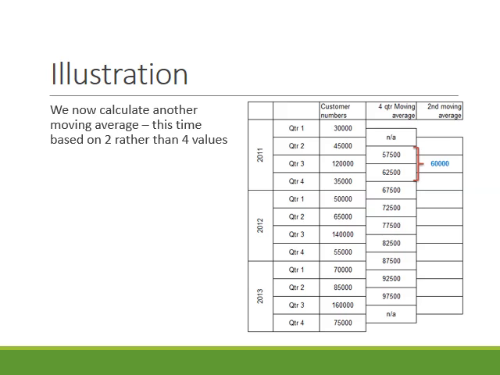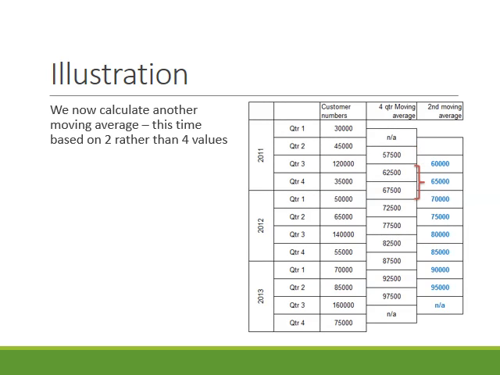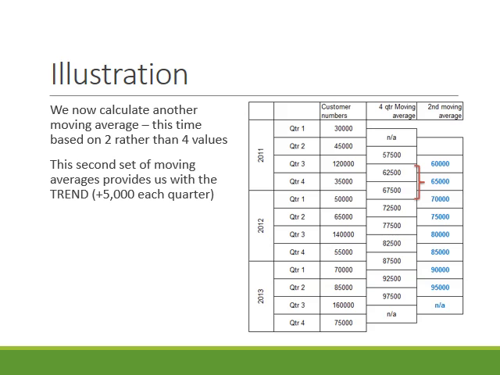So for my first 2 pieces of data, I end up with a moving average of £60,000, and I can calculate my moving averages for the rest of the table as well. What you will notice is that now I have a moving average that does line up with a particular quarter in the data. So I'm now able to calculate seasonal variations.